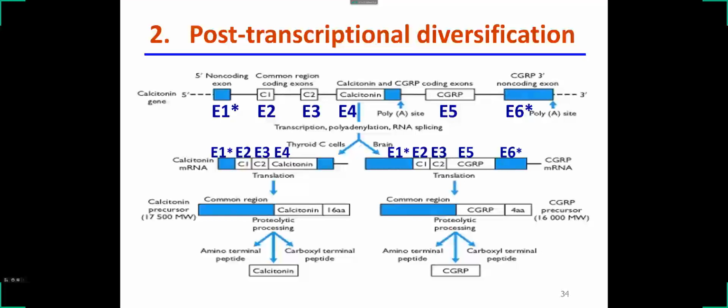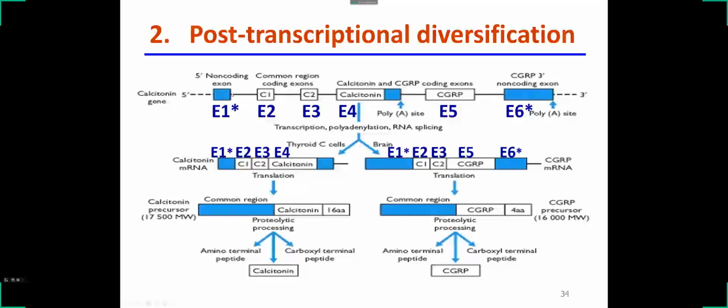Let's talk a little bit about post-transcriptional diversification that is used to give us different hormones from the same gene. Here I'll use the examples of calcitonin and CGRP. Calcitonin and CGRP come from the same gene, called the calcitonin gene.